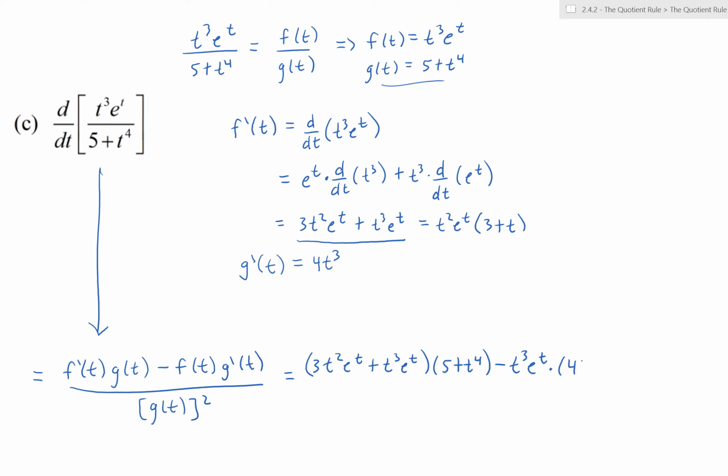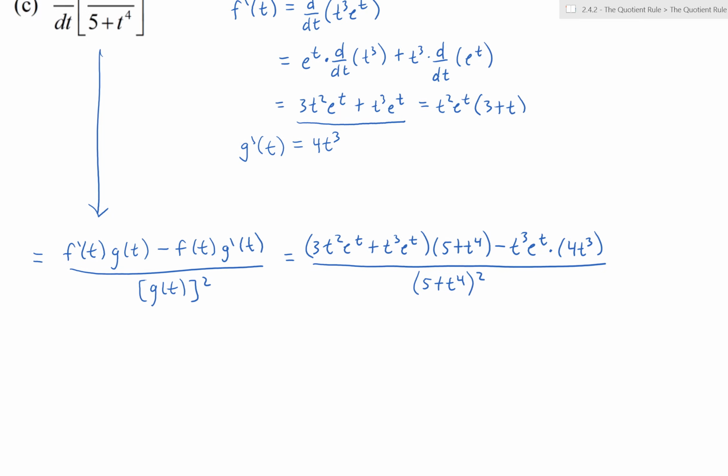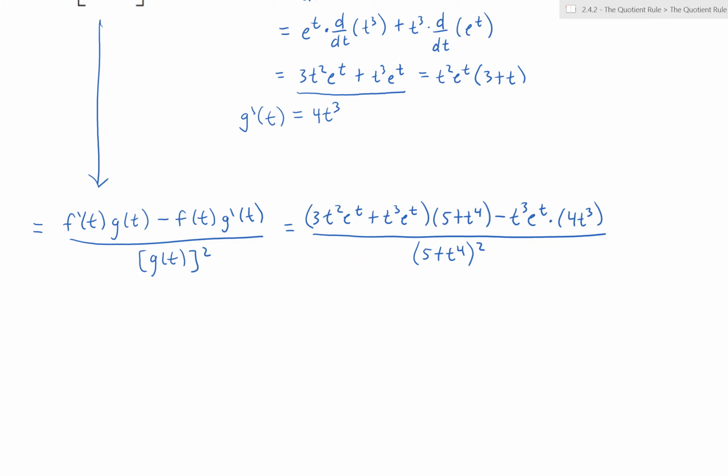G prime was 4t cubed. All of that divided by g, which was 5 plus t to the fourth, quantity squared. So it's kind of a messy one algebraically, but let's go ahead and just multiply out the numerator and see if anything cleans up. So a little bit of algebra here.